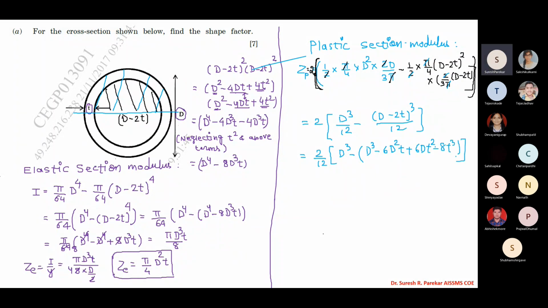So we know this term t square t cube get cancelled, and we have 1 by 6 in bracket d cube minus d cube plus 6d square t. And this d cube gets cancelled, 6 gets cancelled, and we have ZP equal to d square t.